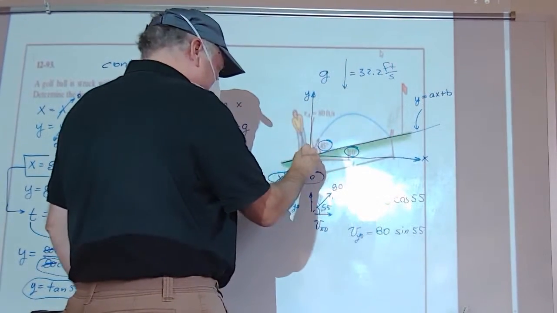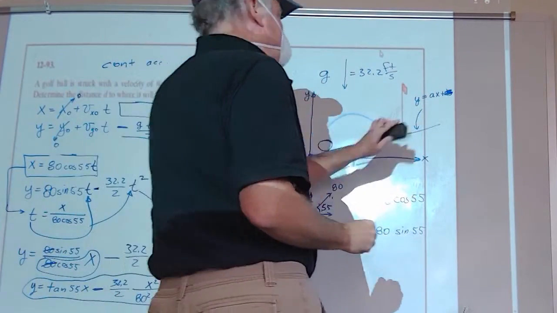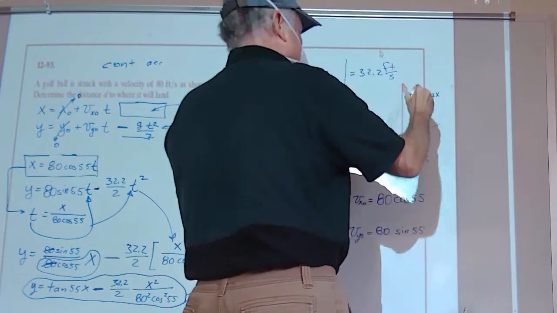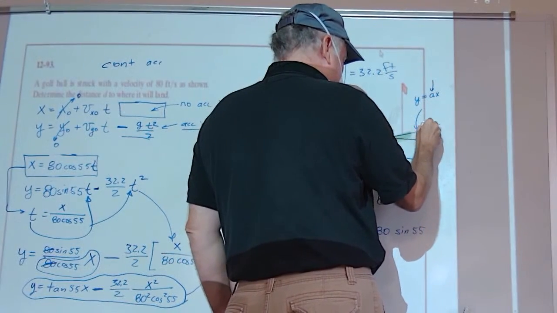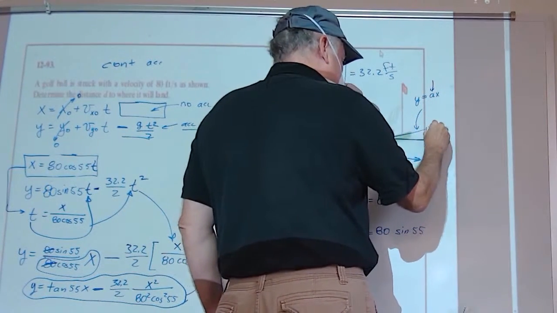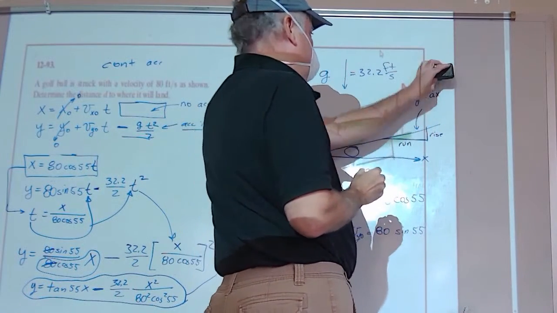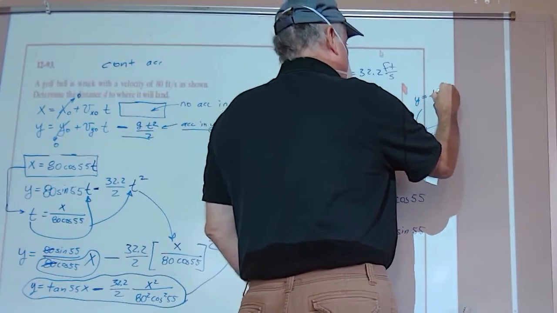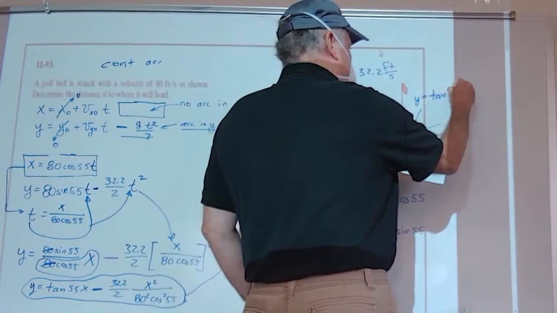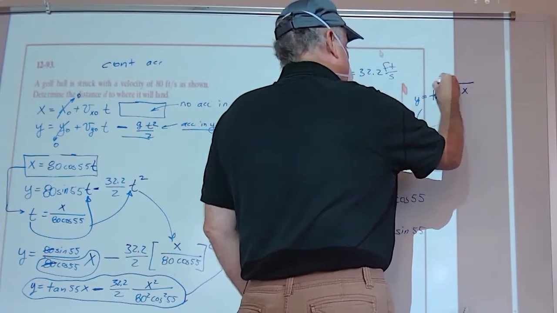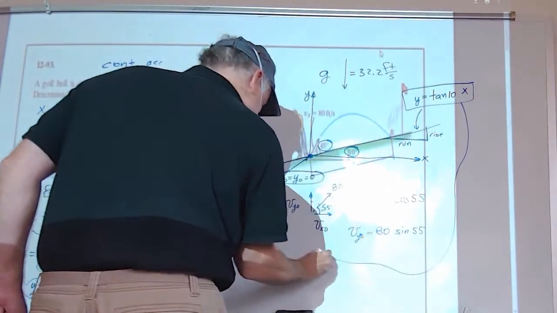Well, the intercept is right there, so the b is gone. And then all you have is the slope. The slope is the rise over the run. Or the tangent of 10 degrees times x. So all you have to do now is set these equal.